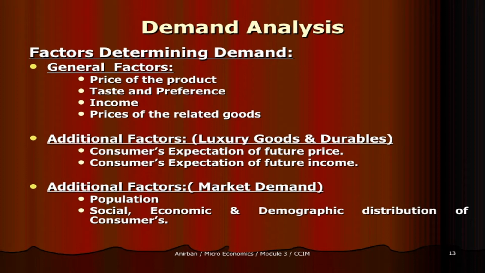The second one is taste, preference and habits. Demand for many products depends on the person's taste, habits and preferences. For instance, the demand for products like ice cream, chocolates and so on depends on individual's tastes, and demand for coffee, tea, cigarettes and so on is a matter of habits.